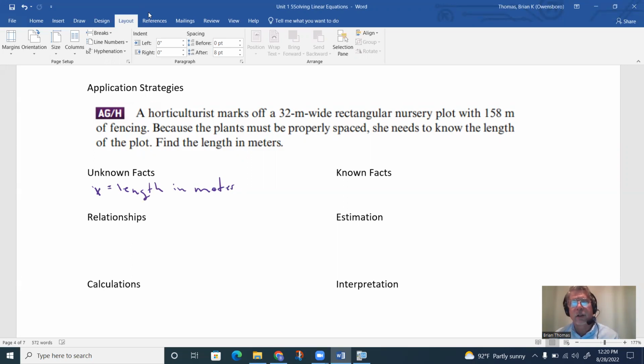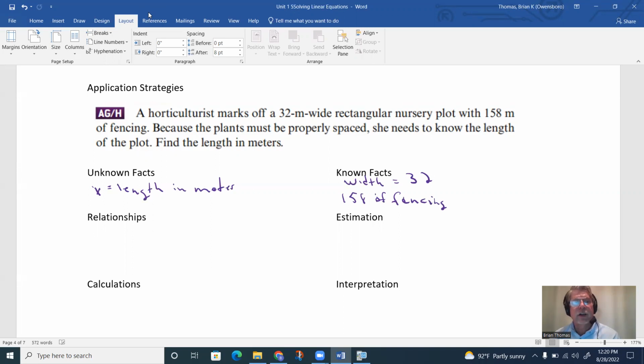So we pick up on that, the width is going to be 32 meters. So I'm just going to write down 32 there. And there's 158 meters of fencing. So I kind of got my known facts, the width and then the 158 meters of fencing.